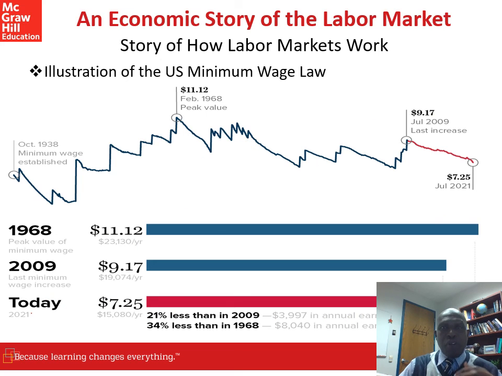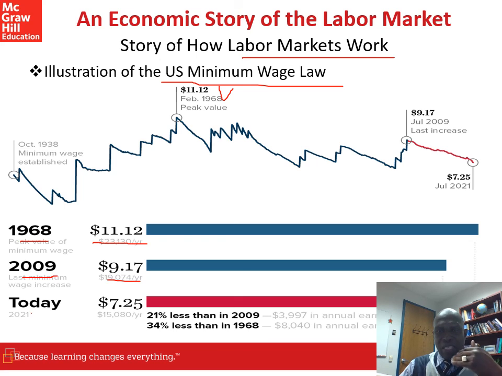The story of how labor market works can also be illustrated by the minimum wage law. So, for instance, in 1968, the U.S. minimum wage was $11.12, and in 2009, the minimum wage was $9.17, and today the minimum wage is $7.25.